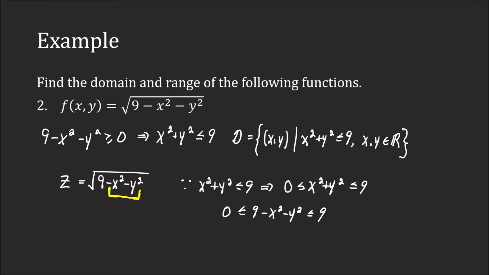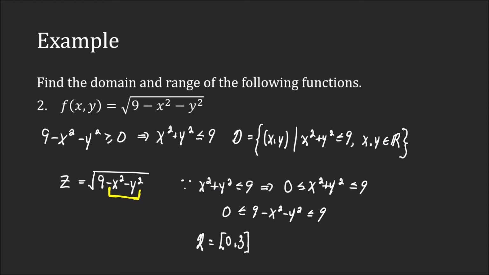So if we have 9, we're going to have 9 minus 9, that's 0. If we have 0, we'll have 9 minus 0, which is just 9. Square root of 9 is 3. So z can take on any value between 0 and 3. And so our range is the closed interval 0 to 3.